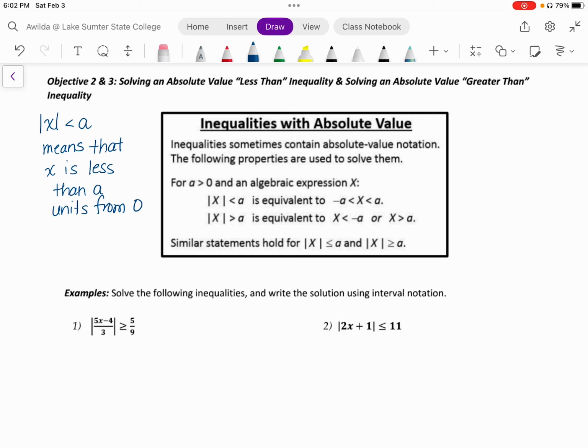Alternatively, when we say that the absolute value of x is greater than some number a, this means that x is more than a units from 0. We're going to use these definitions to solve some absolute value inequalities.